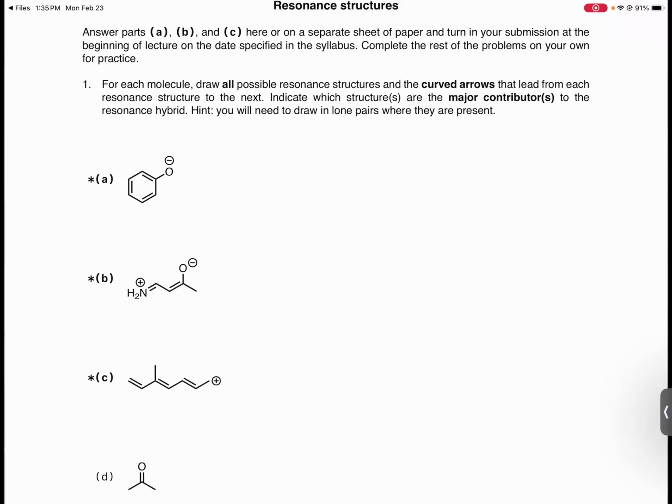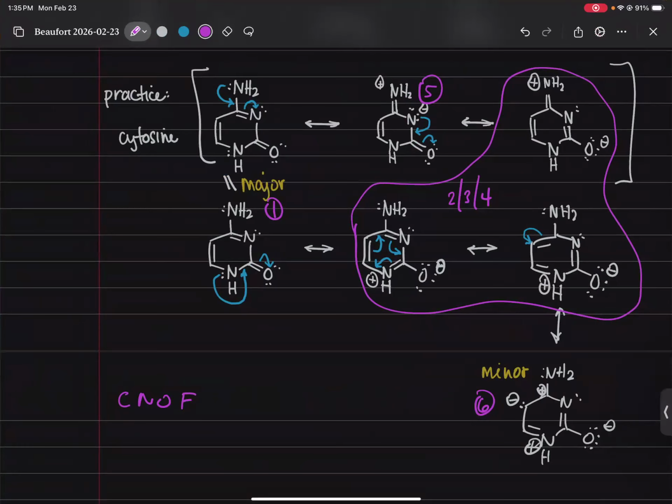So like we did in here, you see how I haven't drawn the arrows between every resonance structure and every other resonance structure. That would be kind of ridiculous. I just did it going from the first one to the second one to the third one. Then I kind of had to reset. And this is totally okay. This is kind of what I'm looking for. And just generally speaking, we're going to draw arrows going from the structure on the left to the next structure on the right.